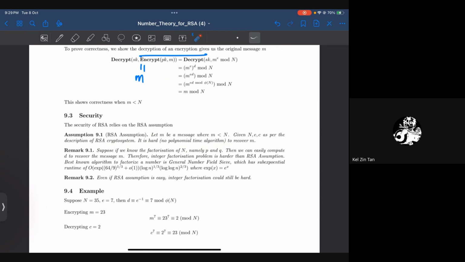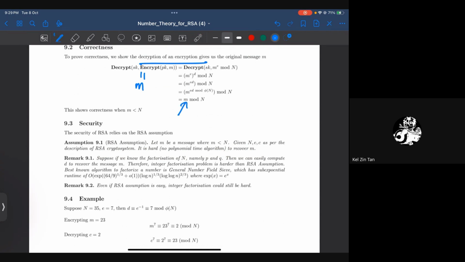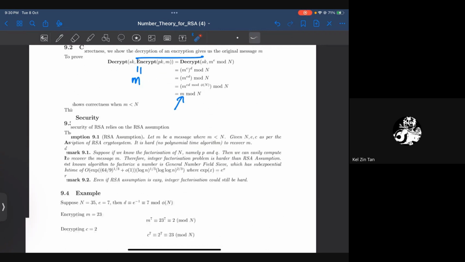You can always just run through all the possible messages and check whether it maps to c.